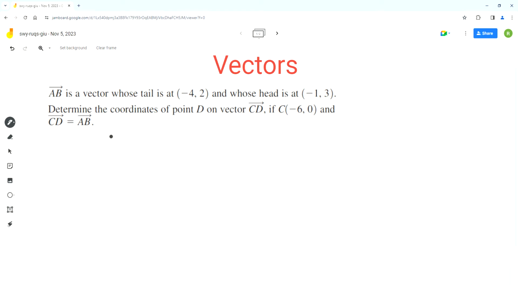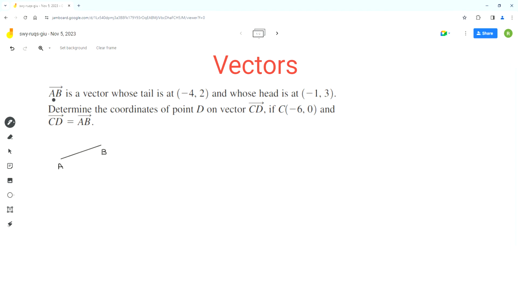So the first thing we can do here is to draw the vector AB to visualize what's given. The line here represents vector AB. A is the tail or the starting point of the vector and B is the tip or the head of the vector.